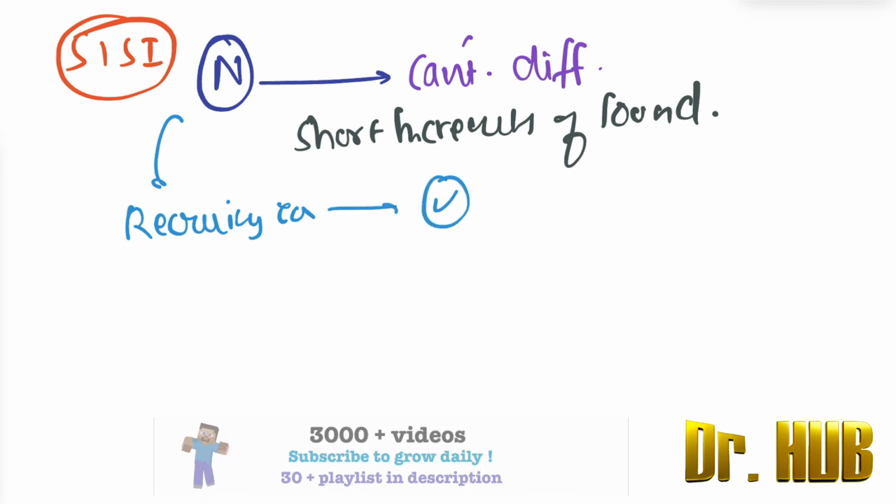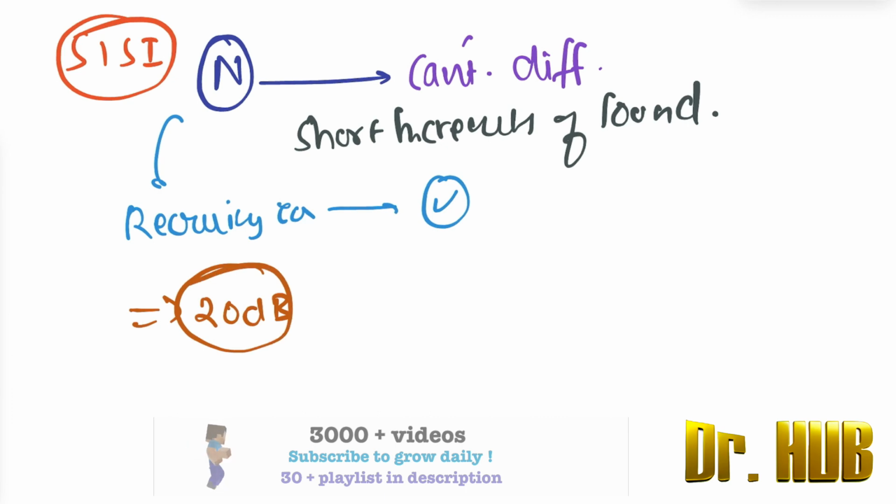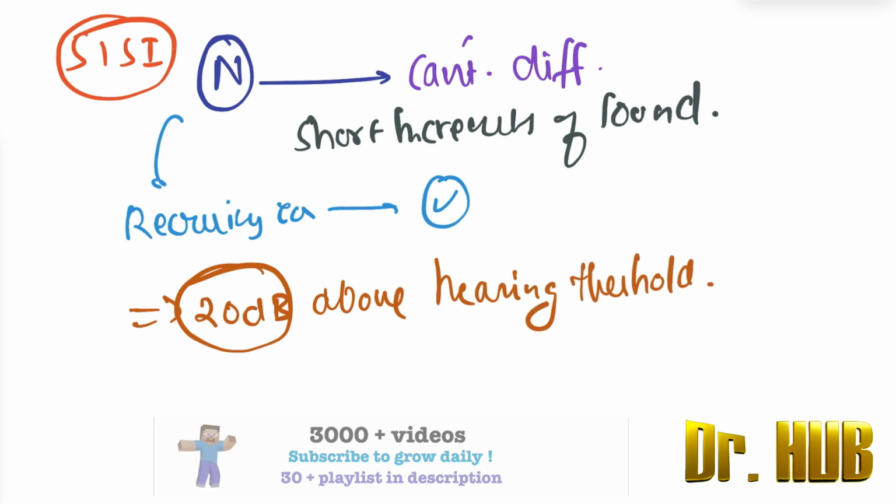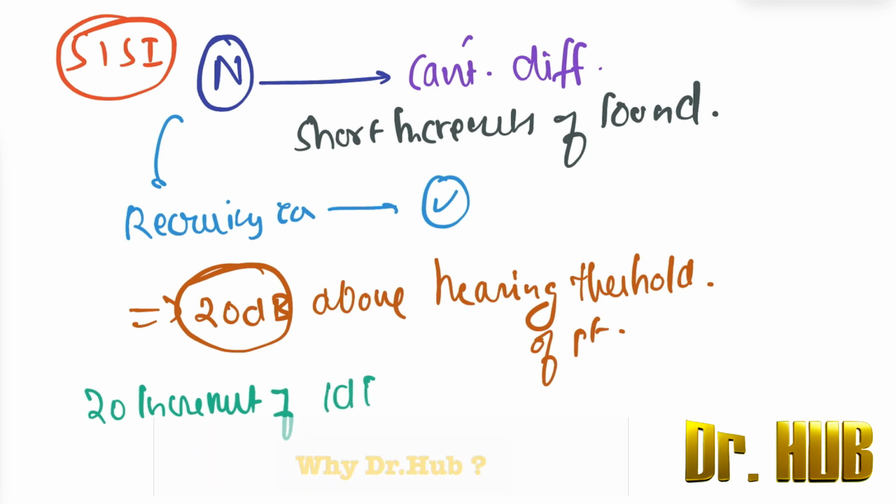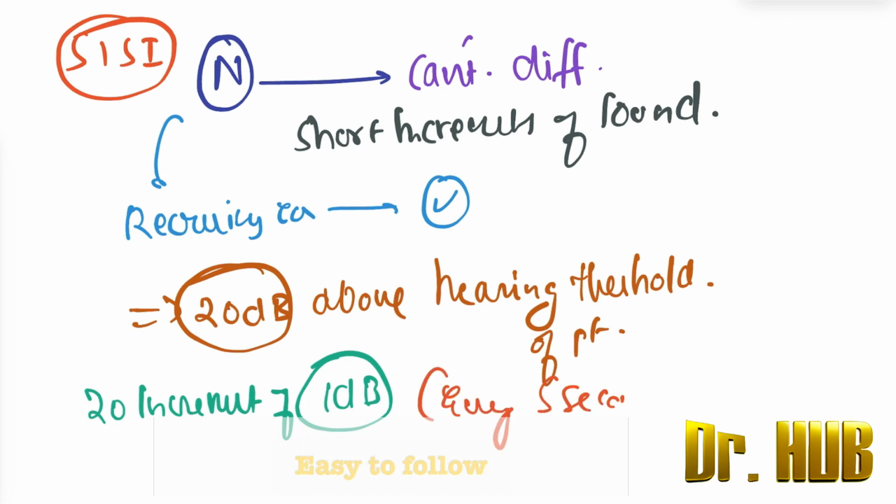The SI test is started at 20 decibels above the hearing threshold of the patient, and 20 increments of 1 dB are given, one every 5 seconds.